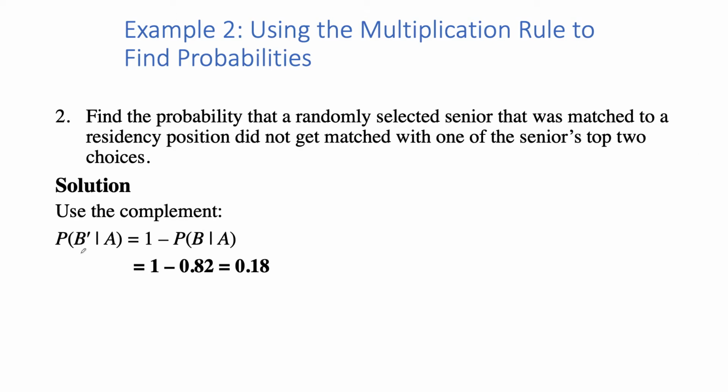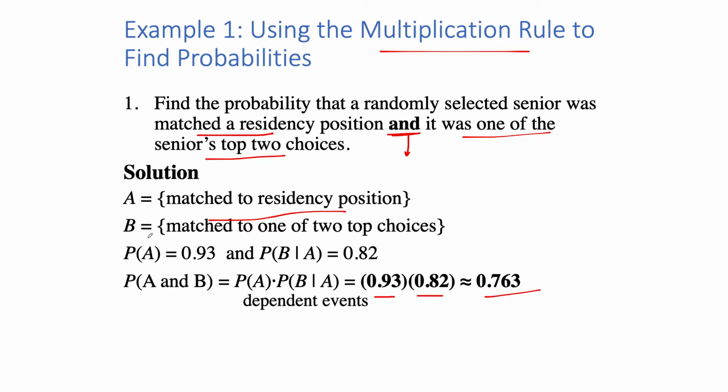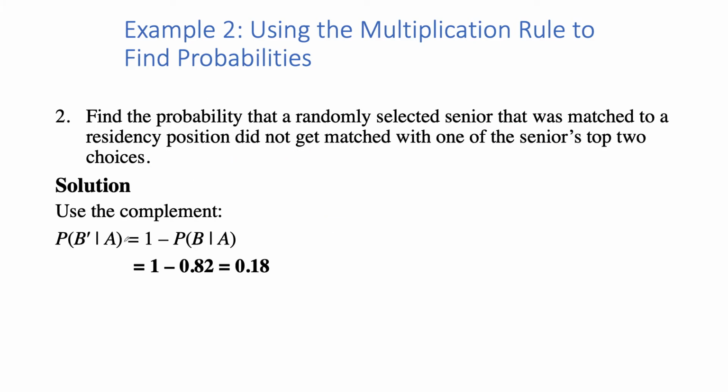If B is getting matched into one of your top two choices, then there's basically not B. We are asking, what is the probability that you don't get matched into one of your top two choices, given that you matched into a residency position to begin with? So the probability of B complement given A is 1 minus the probability of B given A. This is basically the complement rule. We know the probability of B given A is 0.82 here. So 1 minus 0.82 is 0.18, and that's 18%. Okay. All right.